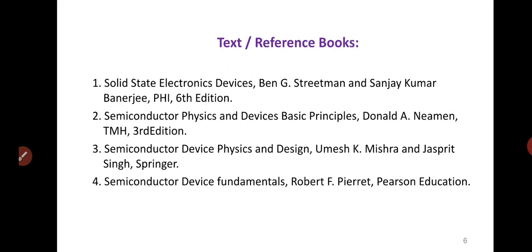Third, Semiconductor Device Physics and Design by Umesh Mishra and Jasprit Singh. And fourth, Semiconductor Device Fundamentals by Robert Pierret.